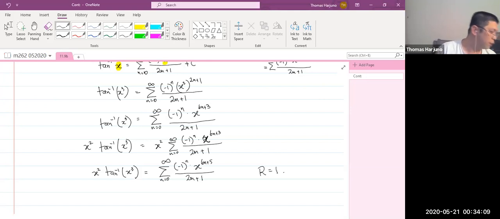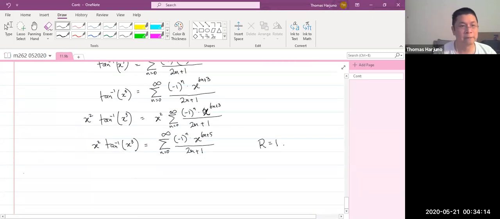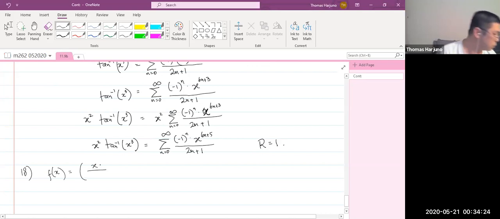How about the harder one? Honestly, I look at this question, I don't know the answer. Number 18. I can't even imagine how I want to approach this. This is x over (2 minus x) to the power of 3.